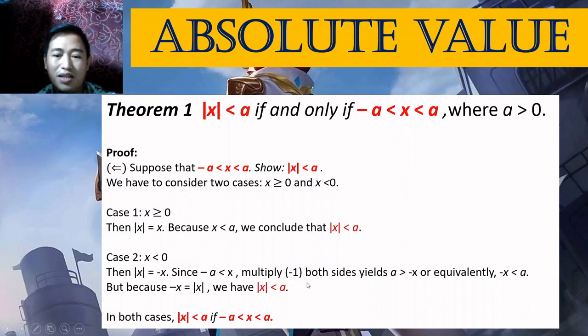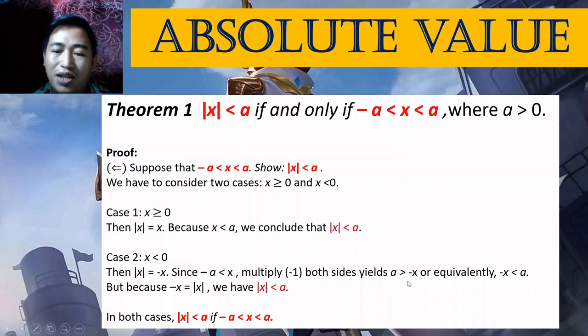So, multiply negative 1 on both sides, which yields, class, when we multiply by negative 1 on both sides, the inequality sign flips. Right? The sign flips. So, negative A becomes positive A, x becomes negative x, and the less than becomes greater than. A is greater than negative x.